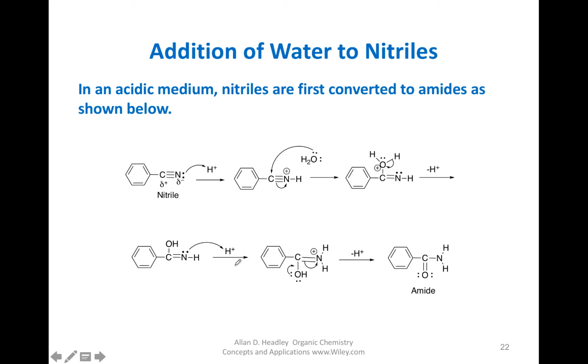So here we have an acidic medium and water. So in the first step, as you can imagine, these electrons will bond to the proton to form this intermediate. One of these pairs of electrons here can bond to this carbon as shown here. As you can imagine, this is an intermediate because of the charge. Loss of the proton will give us that as a product.